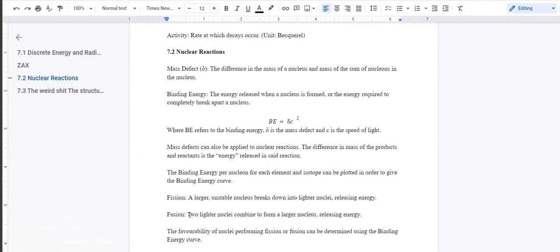That's fission. And nuclear fusion is when you have two smaller atoms or nuclei that combine to form a larger nucleus. So you have two smaller ones that basically combine with each other in order to form one larger nucleus.